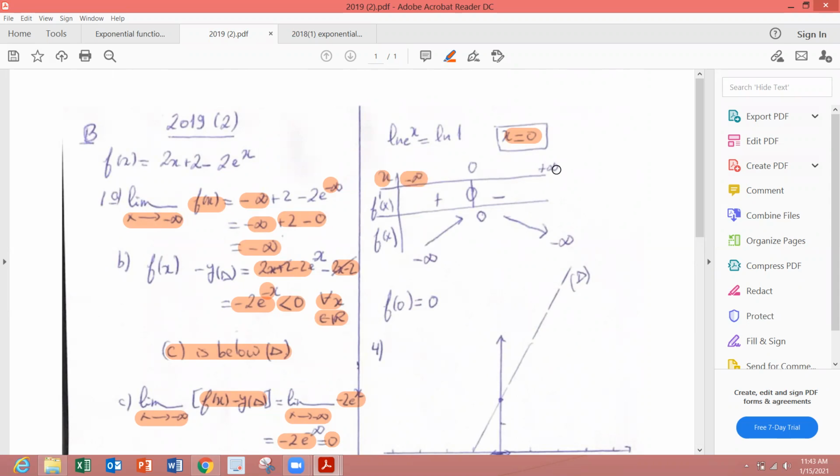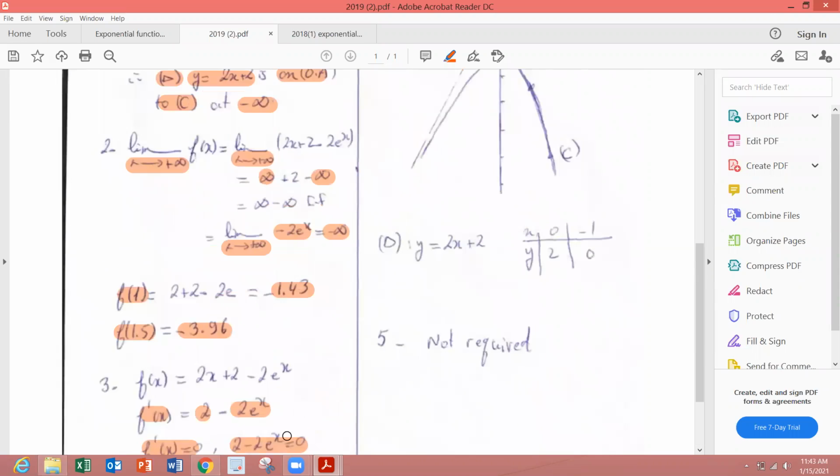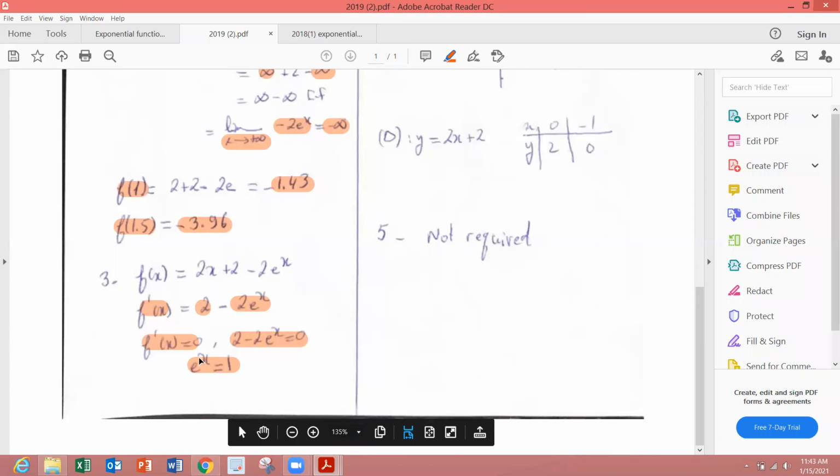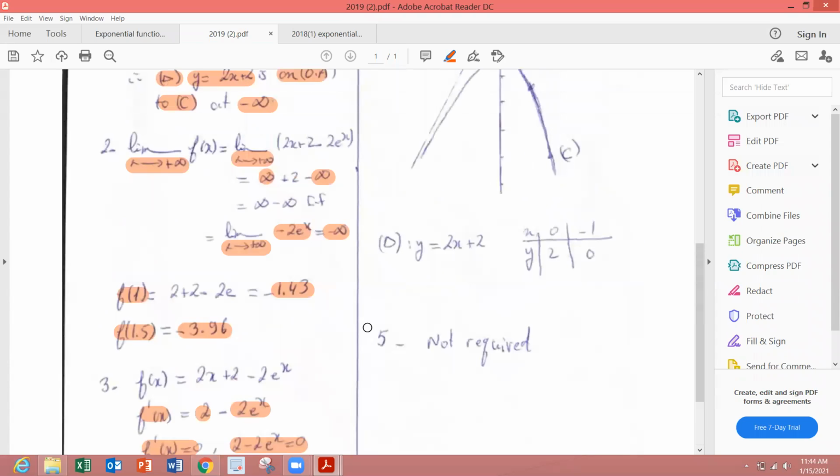Why do we make ln on both sides? ln of e to the x becomes x, so x equals ln 1, which is 0. Sir, here we don't know the sign, that's why we made it equal to 0. Yes, whenever you don't know the sign, you have to make it equal to 0.